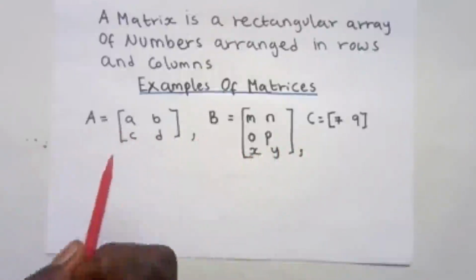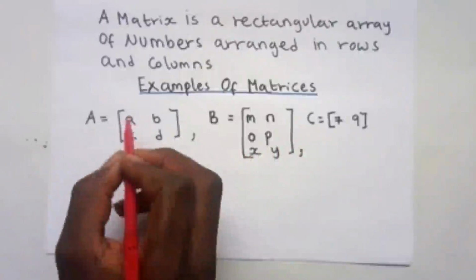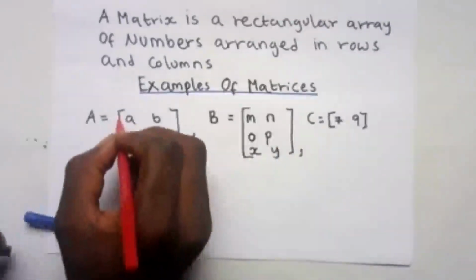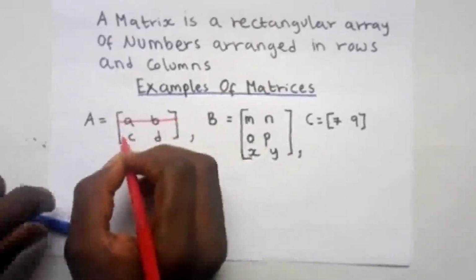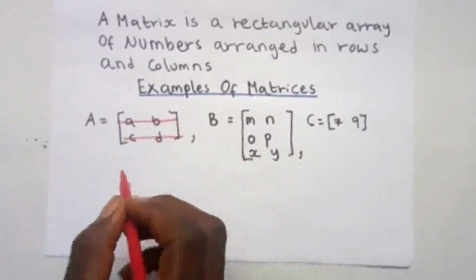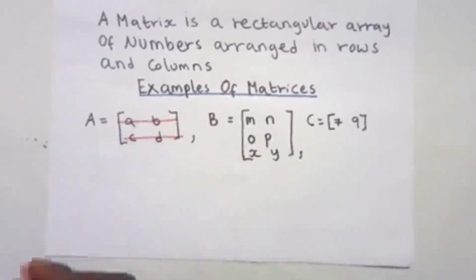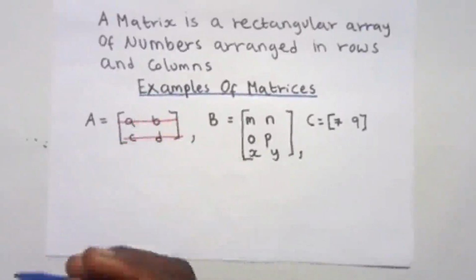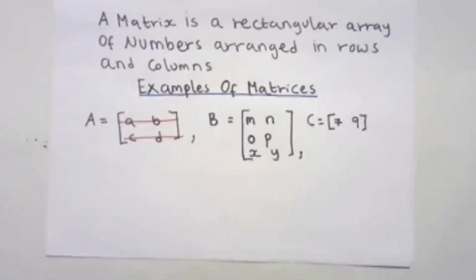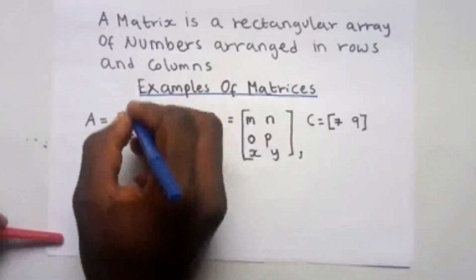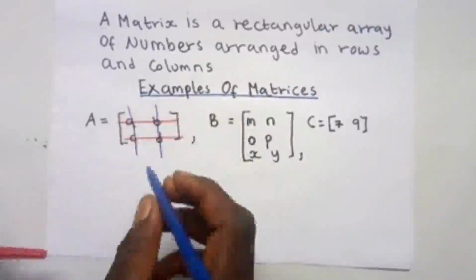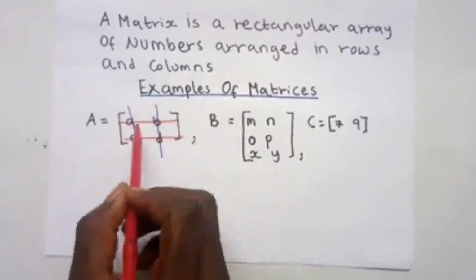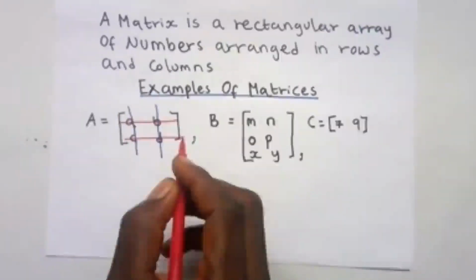How many horizontal lines can you draw in matrix A? You can draw 1, 2. You can draw 2 horizontal lines in this matrix. And how many vertical lines can you draw in this matrix? So, the number of horizontal lines represent the number of rows.